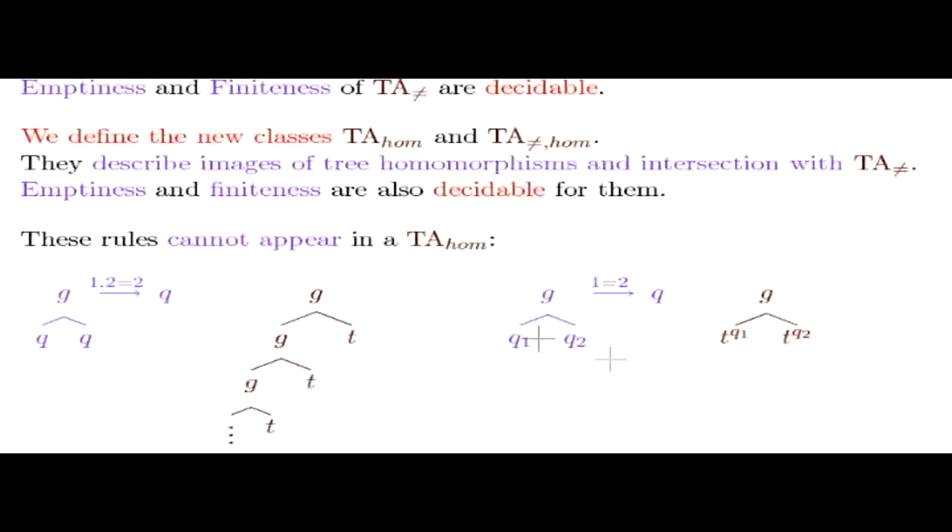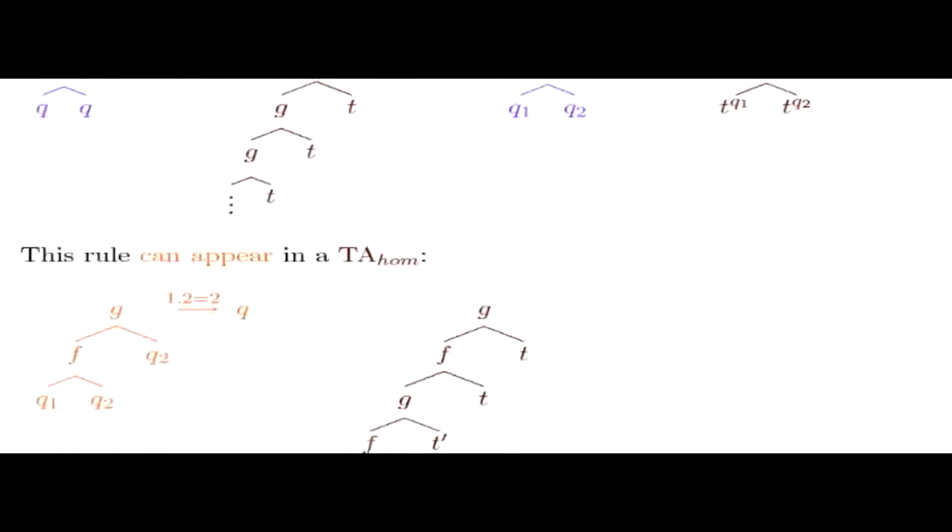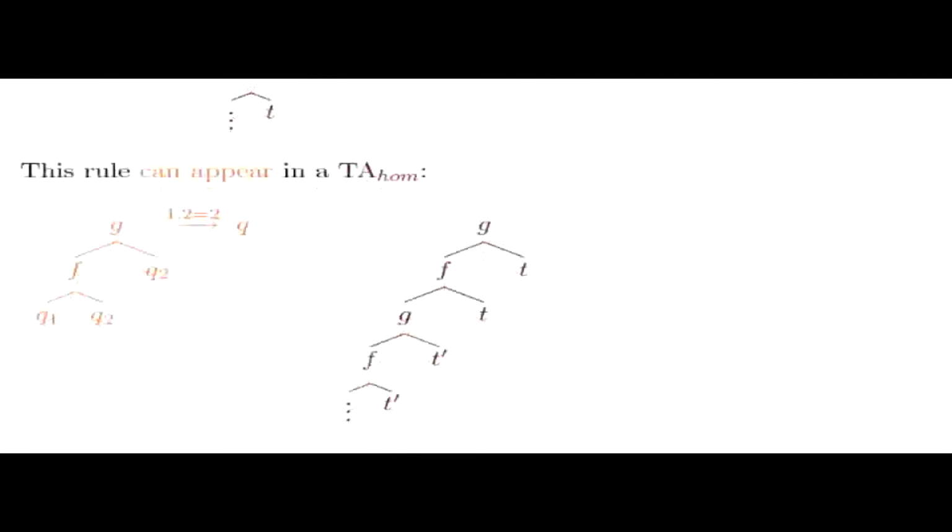This other rule cannot appear. It allows to check equality of two terms reaching different states. Again, with this kind of rules, emptiness is undecidable. This is a possible rule in a tree automaton with Hom constraints. We are forced to compare equality between positions occurring in the left-hand side and label it with the same state.